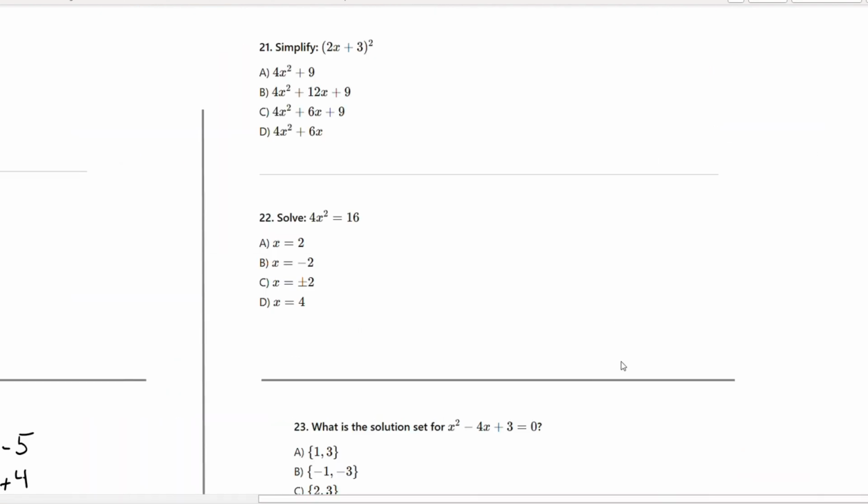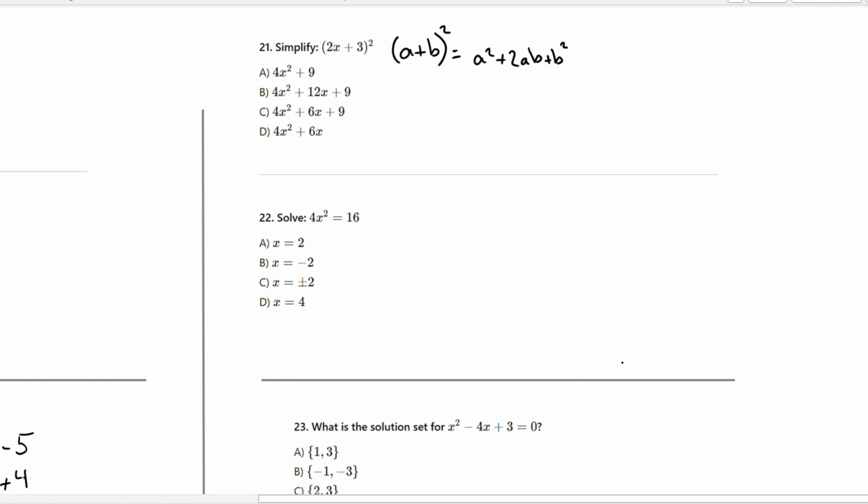For question 21, we have simplify 2x plus 3 all squared. Here it is in the format of a plus b all squared, which would turn out, if you look in your textbooks, to be a squared plus 2ab plus b squared.